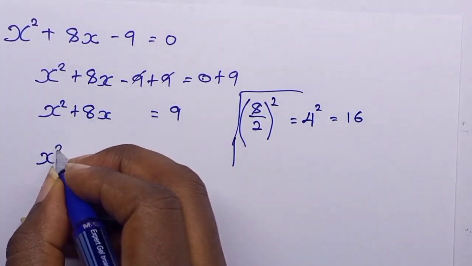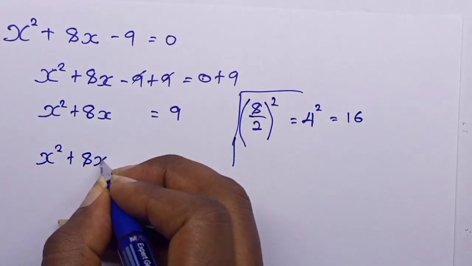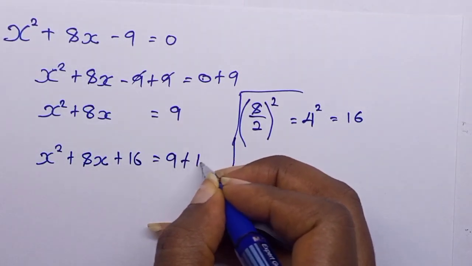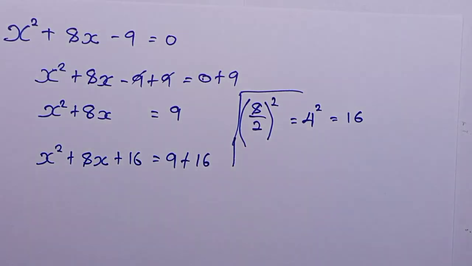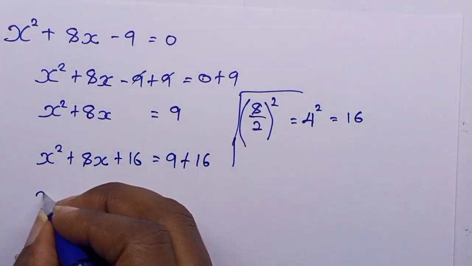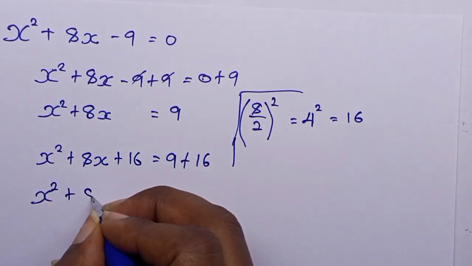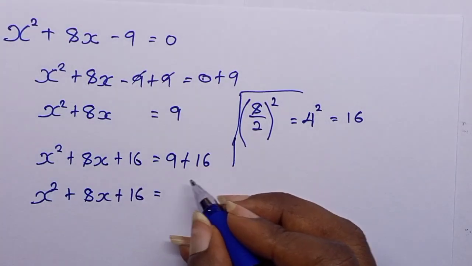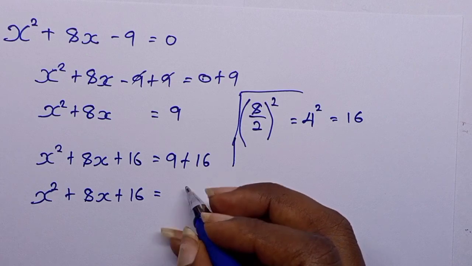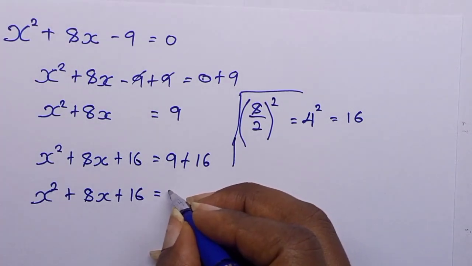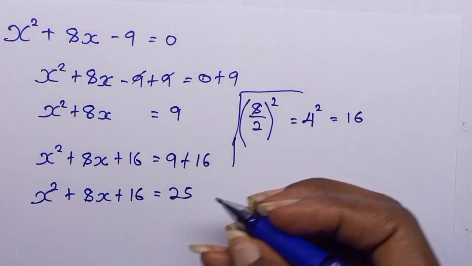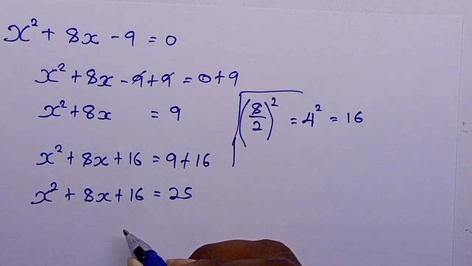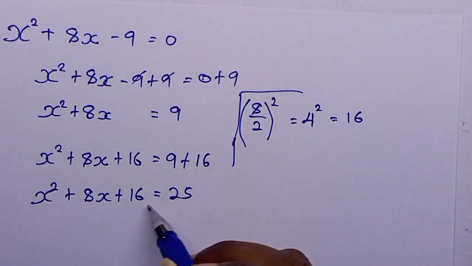So you have x squared plus 8x plus 16 is equal to 9 plus 16, which gives us 25.